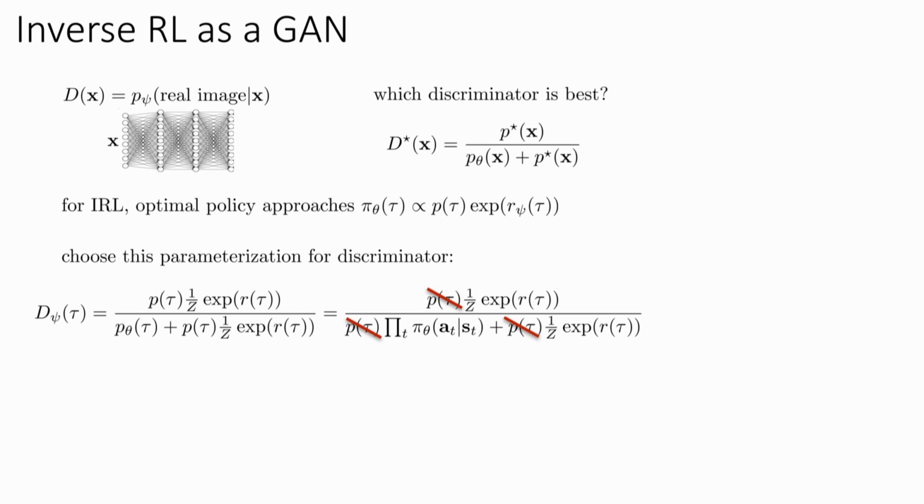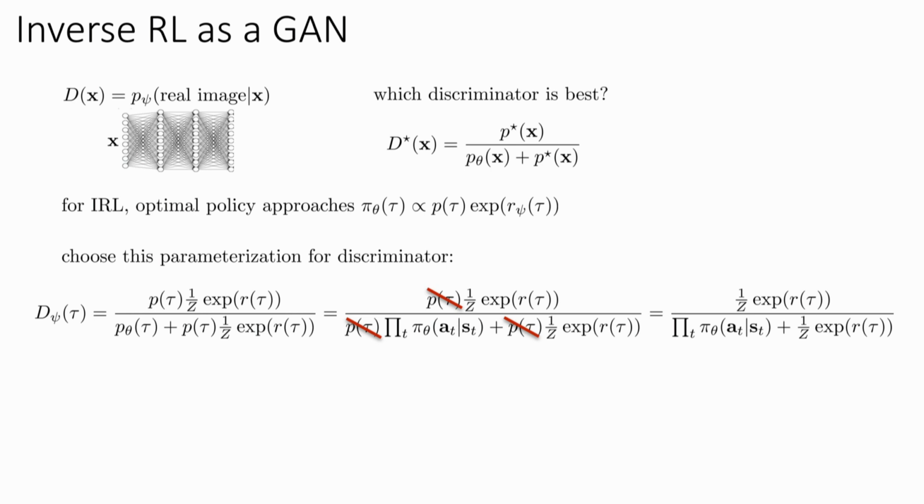Once they all cancel, we're left with a very convenient expression for the optimal discriminator. It's the exponential of the reward divided by the product of all the actions plus the exponential of the reward. And the only pesky detail is that you do have to normalize this thing. And we saw before that normalization is actually a really big pain. So we'll come back to that shortly.